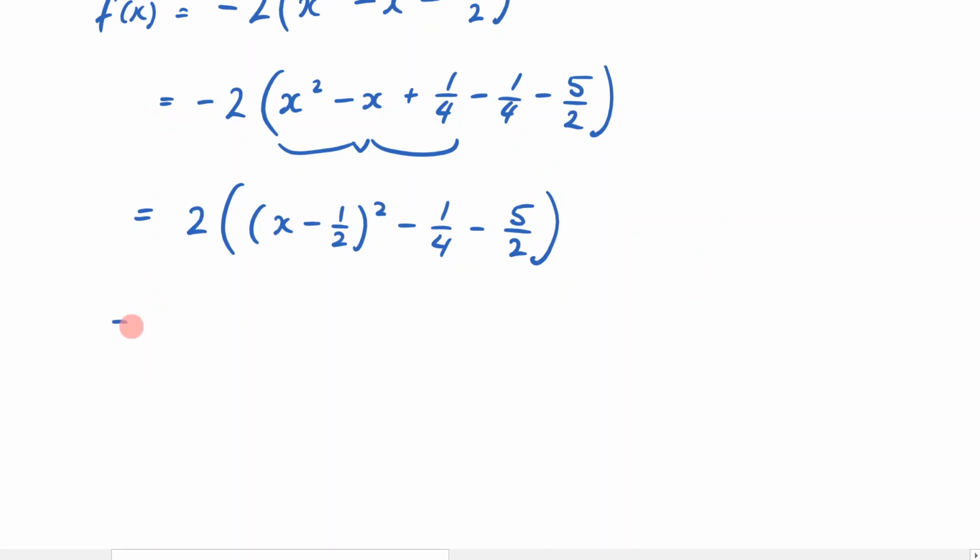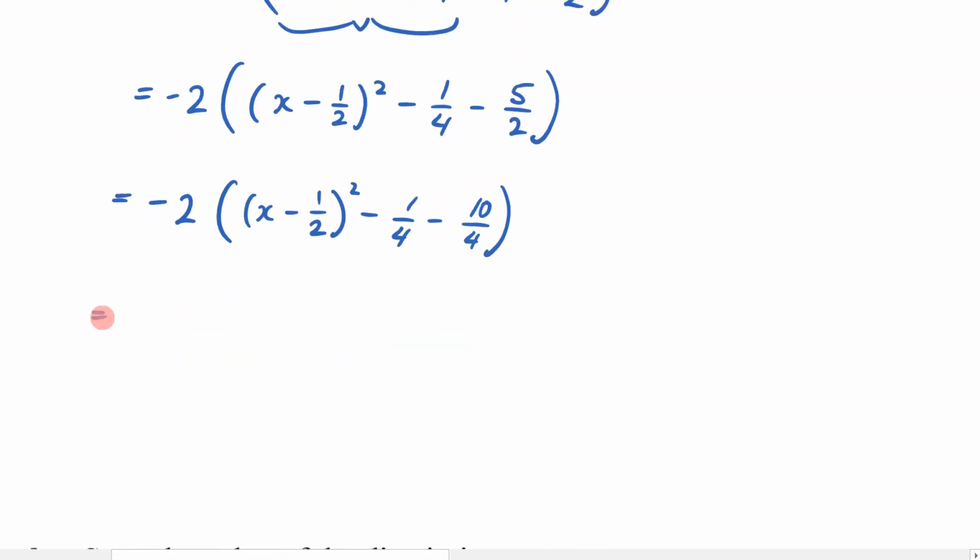And then equals negative 2 x minus a half squared. I'm going to have to get these to have common denominators, so I'm going to get minus 1 on 4 minus 10 on 4, close. Then this is equals negative 2 x minus a half squared. This will now be negative 11 on 4, close my brackets.